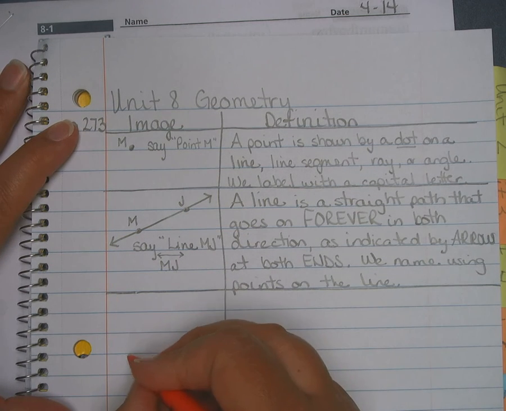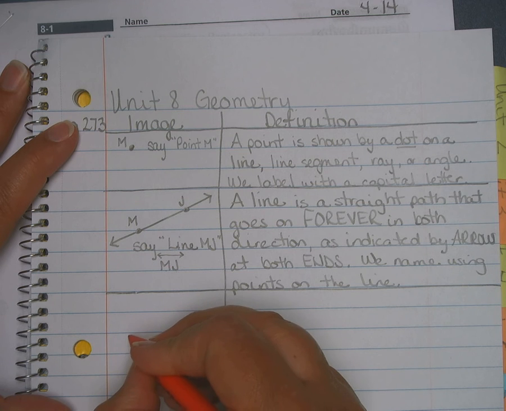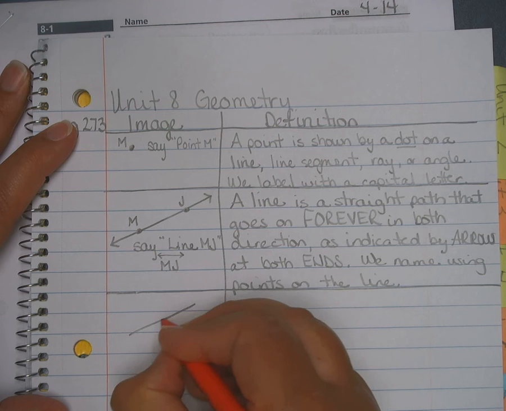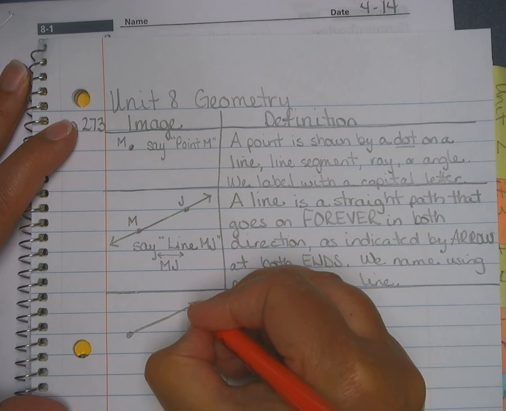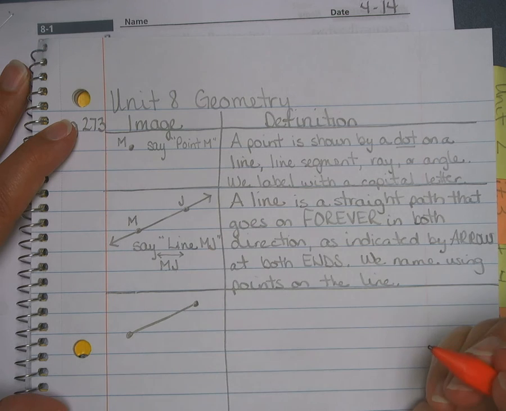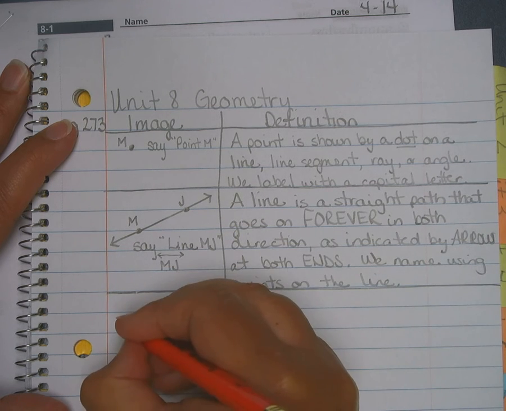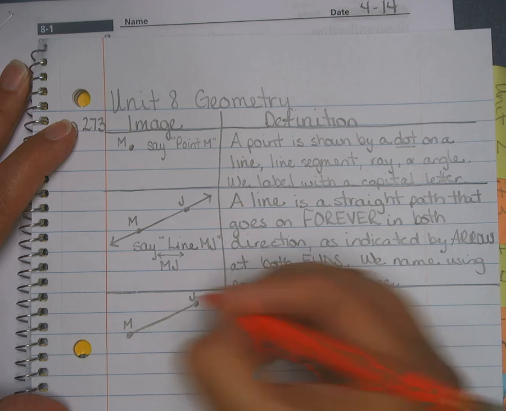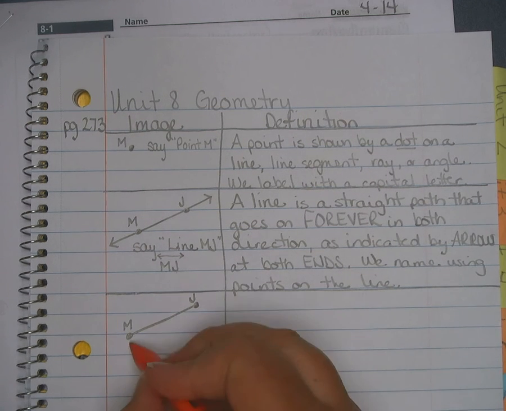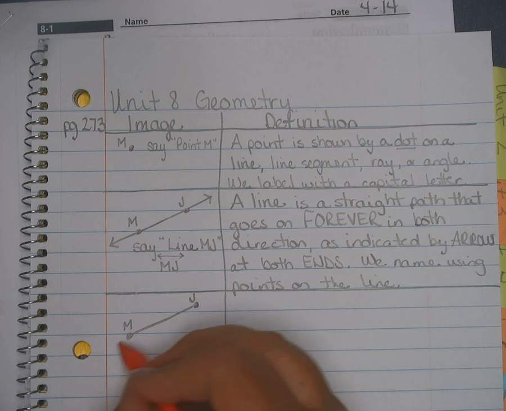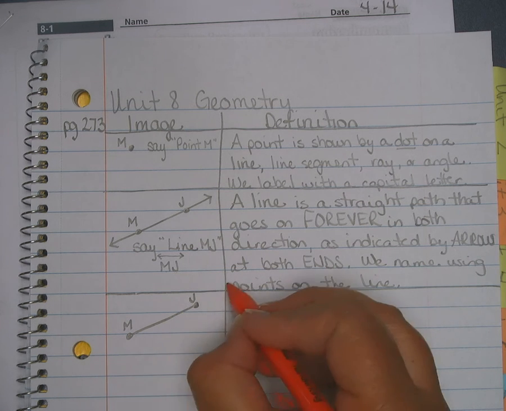So similar to what I've drawn up there, I'm going to draw just the segment of the line that I have above. I can name this also M and J using those labels once again, but noticing how it does not continue with arrows in either direction.